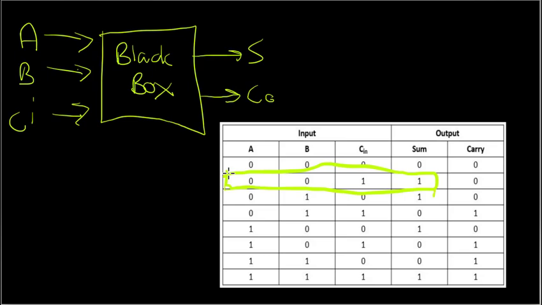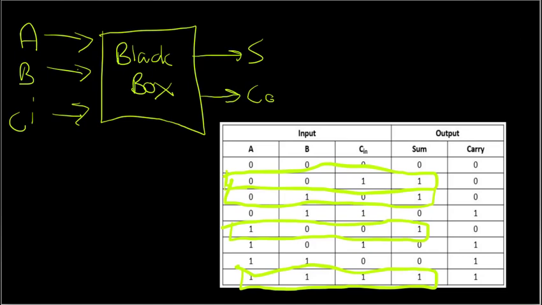There's a 1 there, there's another 1 there, and it's odd. We can see that. Here, there's an odd number of 1s in our input, leading to 1 being our sum. And the same with this one. 1, 2, 3, and sum there.